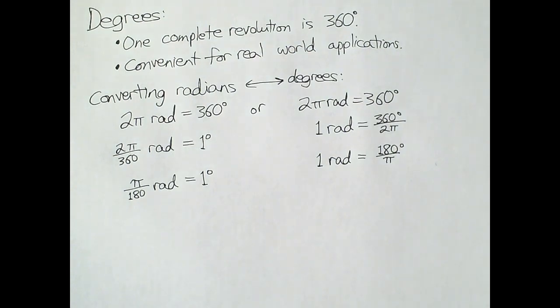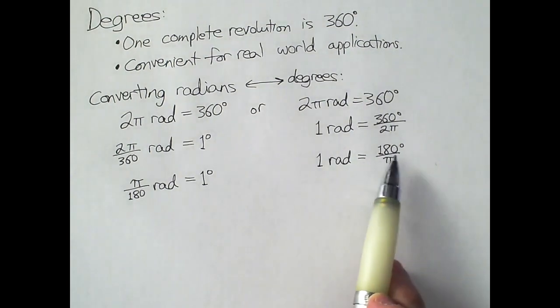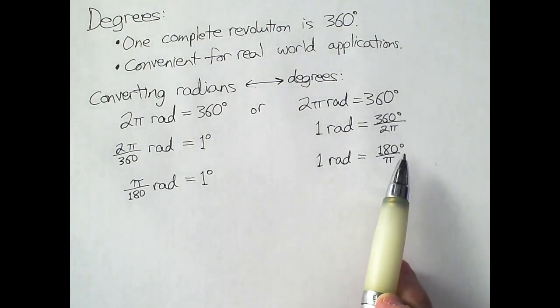This is also useful for converting back and forth between degrees and radians. Because if you asked me how many degrees are there in 1 radian, well, 1 radian has this many degrees, 180 over pi of them.